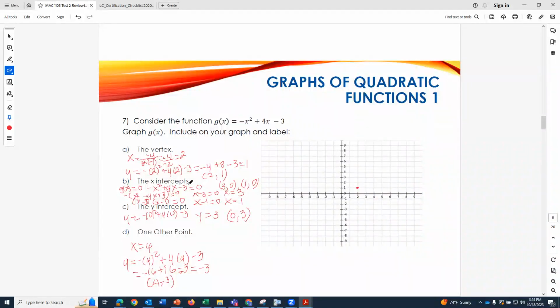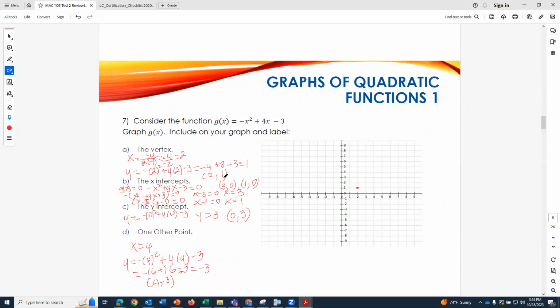The y-intercept. For the y, we have 2 squared is 4. 4 times 2 is 8.